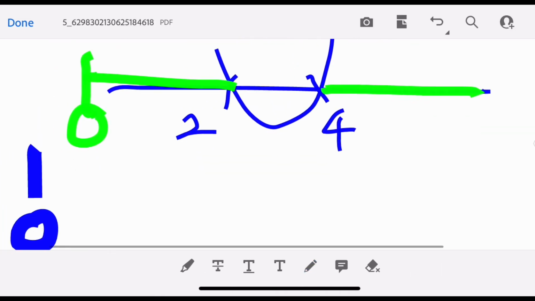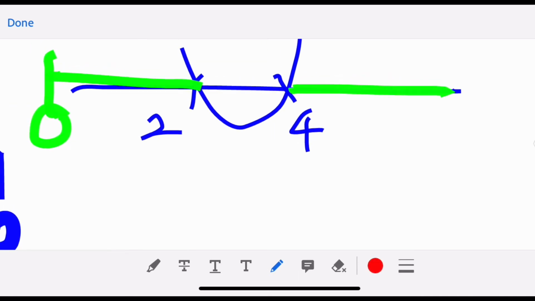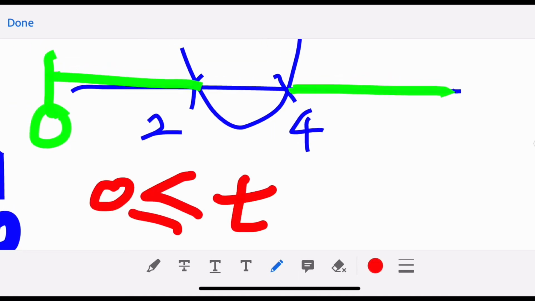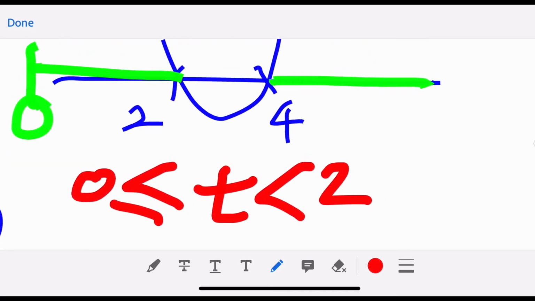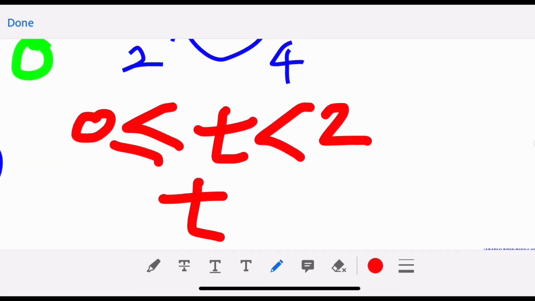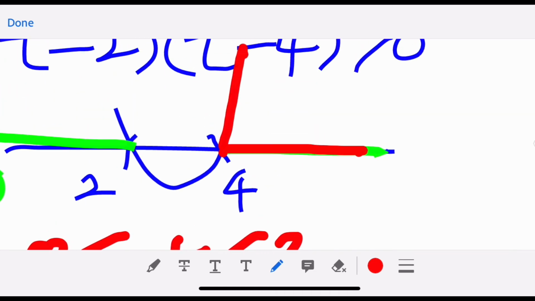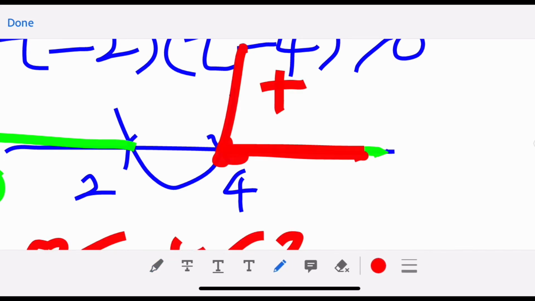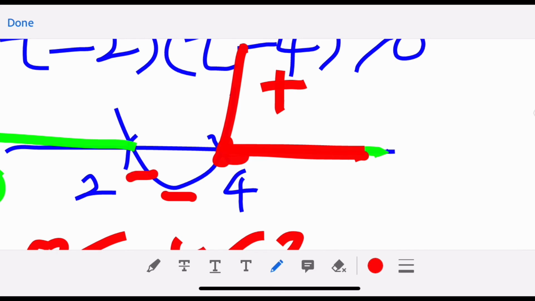So the range of the time that we should write is t from 0 to less than 2, and then from here t more than 4, and it will be always positive, right? Because from more than 4 onwards, it will be always positive. Less than 4, it will be negative. Look at the graph here. It will be negative here, then become positive.